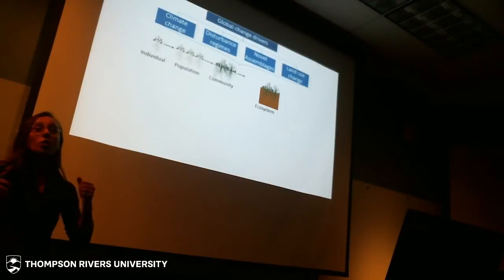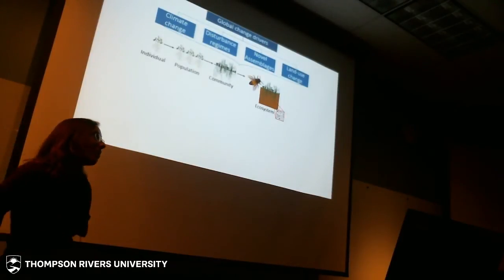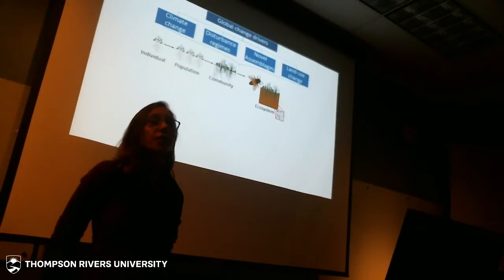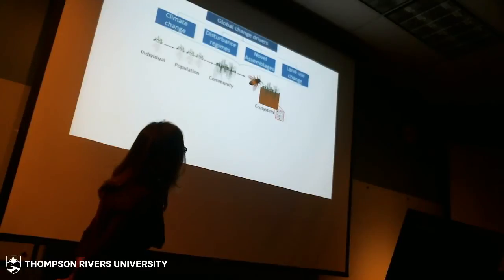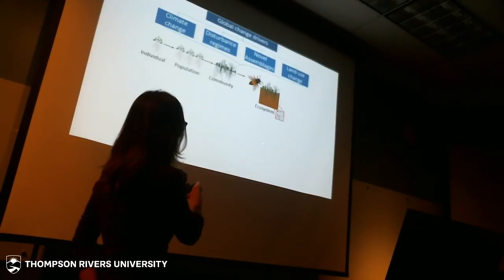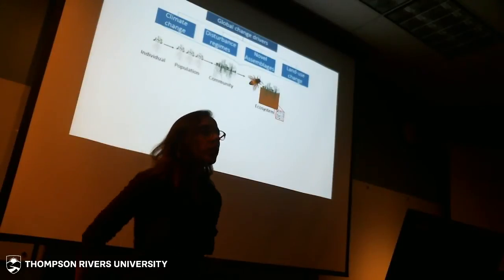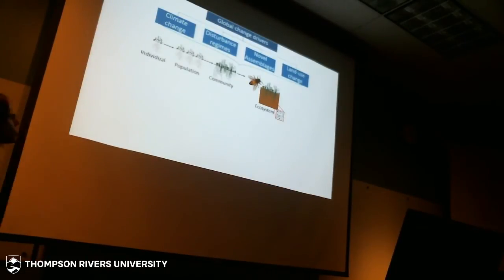And then my ultimate goal for research would be to look at what's happening at different levels within the ecosystem. So hopefully here at TRU, I can do this second part with the microbes, exploring what's happening with the microbes with drought and whether they're being impacted. And also pollinators.